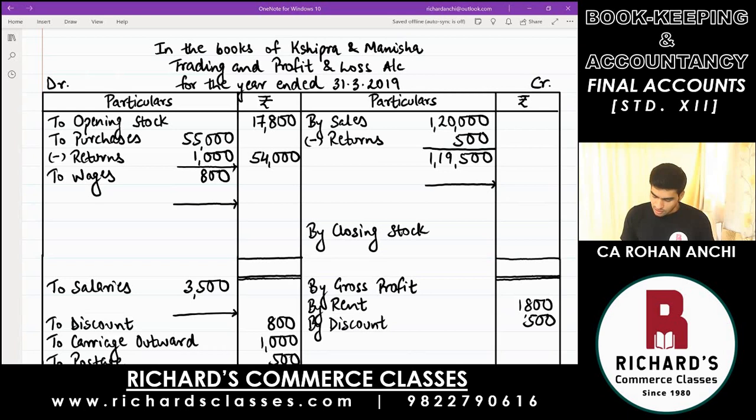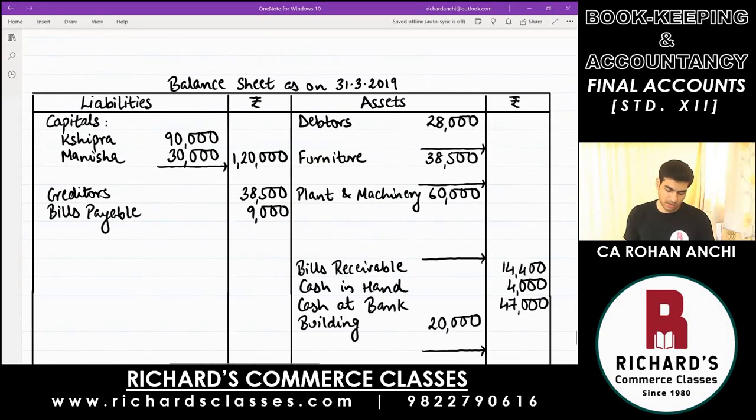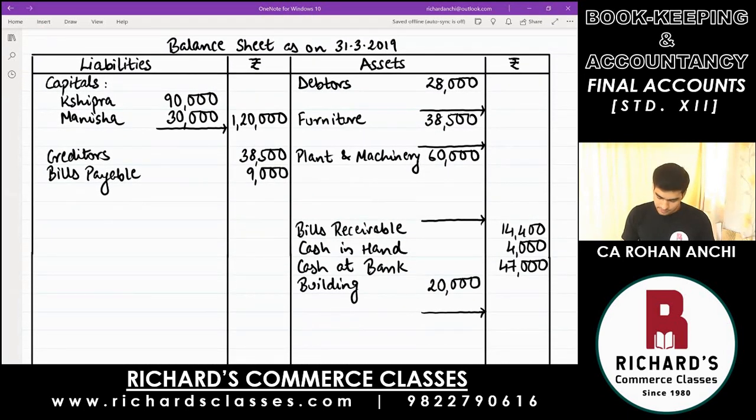That is 37,000. And what about the second effect? Asset side. Closing stock is an asset. Come to the balance sheet asset side and write down closing stock 37,000.